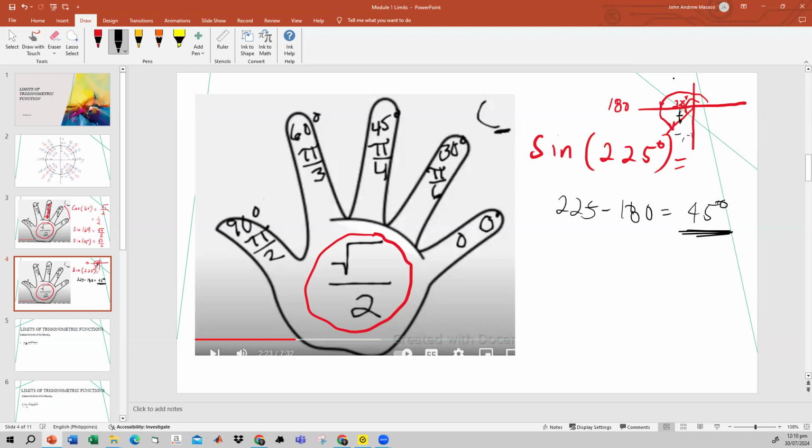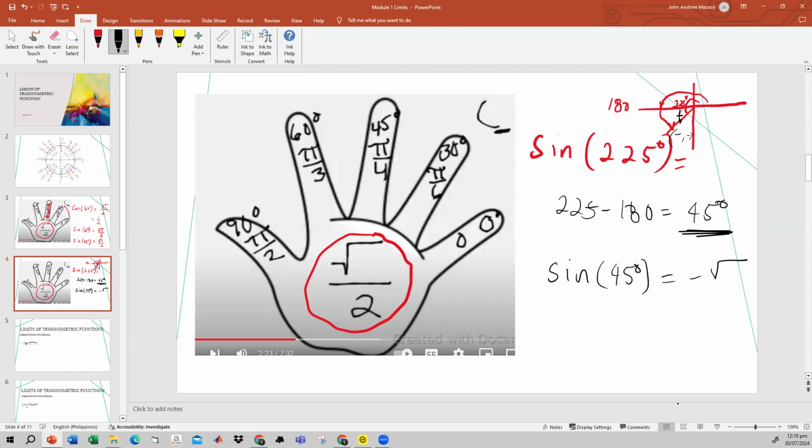That's negative comma negative if we have an angle that is located on the third quadrant. So in that case, we'll just need to write the sine of 45 degrees. Then we need to take note that the answer must be negative because we're talking about an angle that is located on the third quadrant.